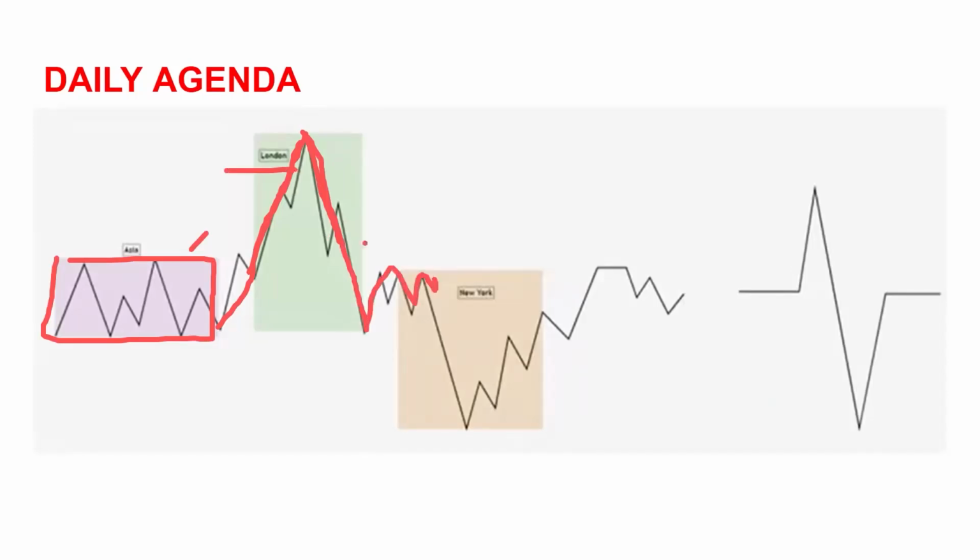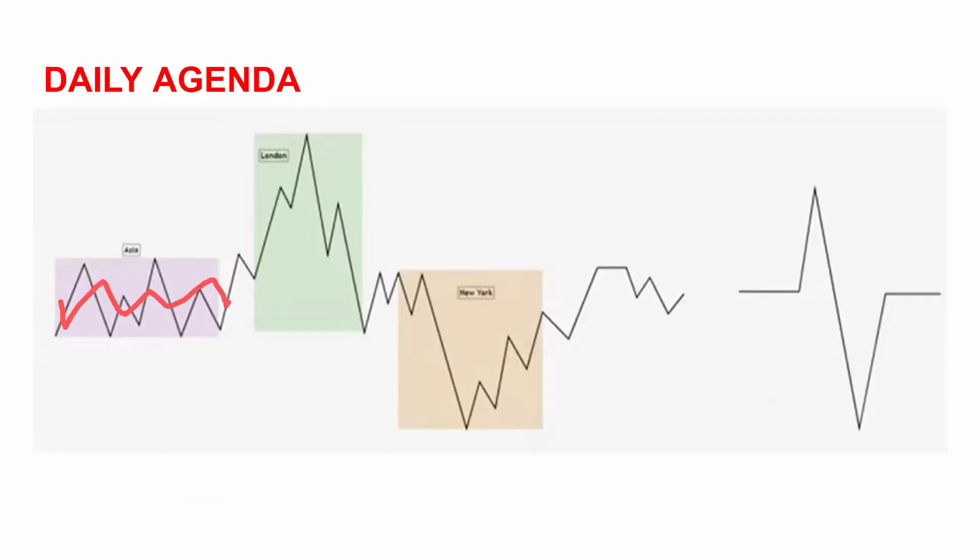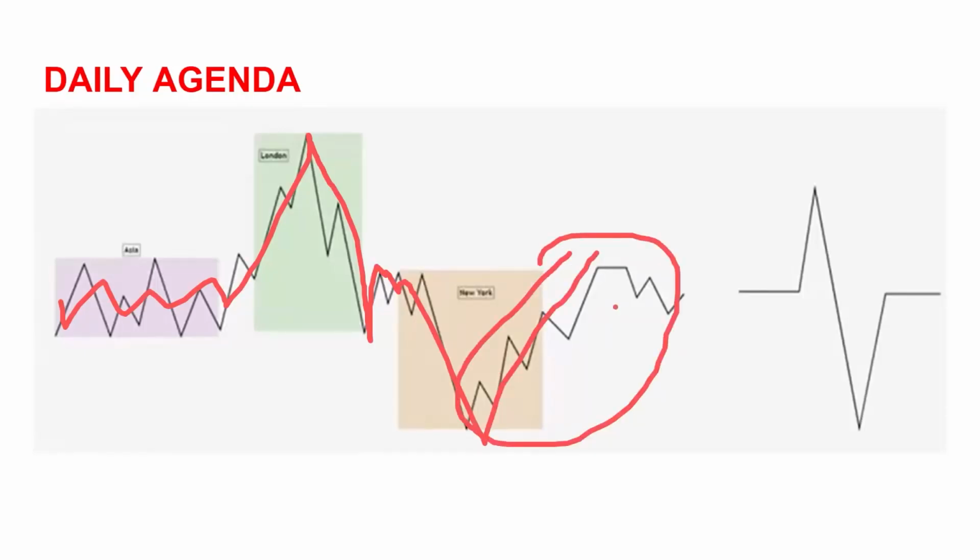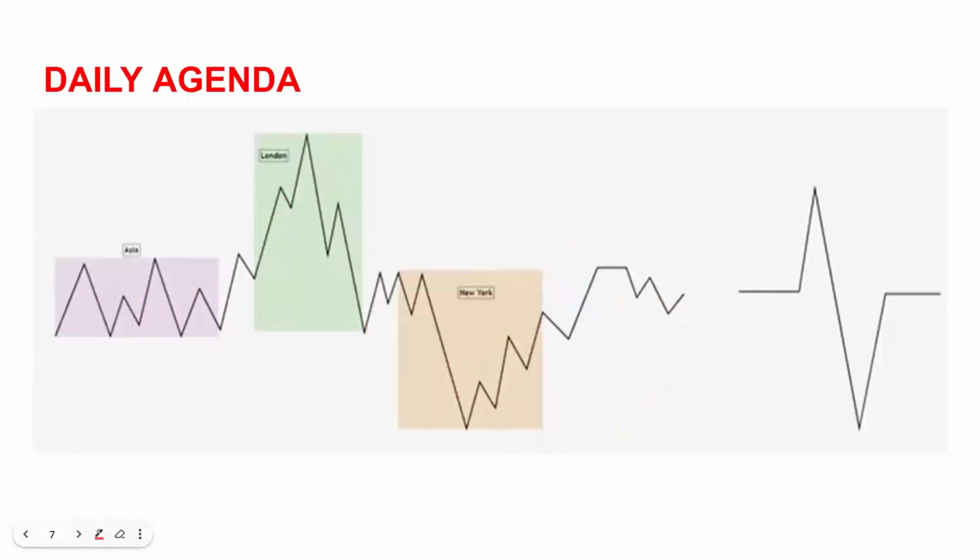This is the London session, and this is our New York session. So we have this range, then this manipulation, then the expansion to the downside, then a correction, which is this last one. A correction of the move, and then the market most times closes back to where it began. At times, it's not one thing that happens every day.